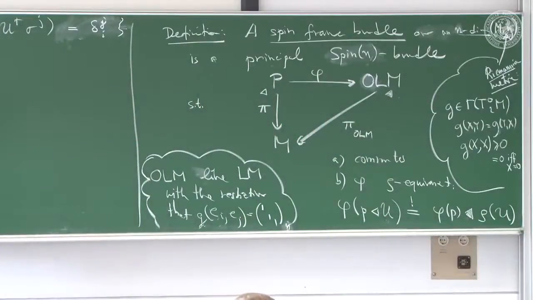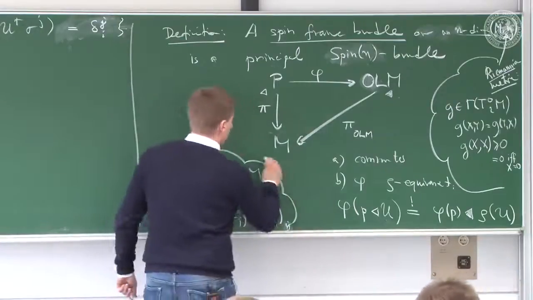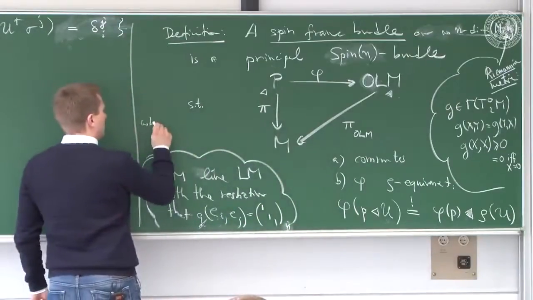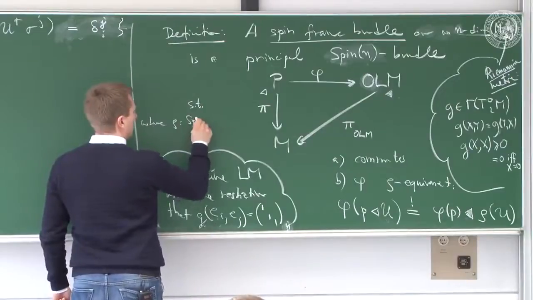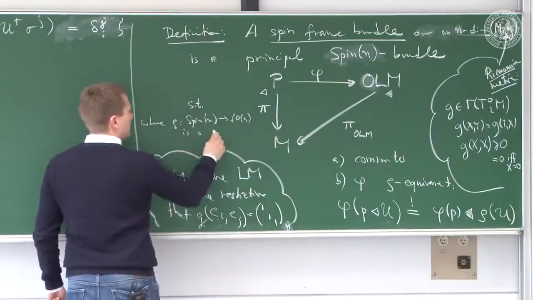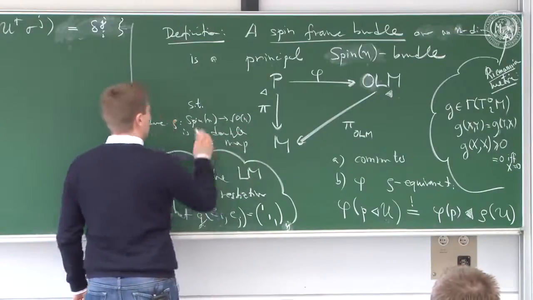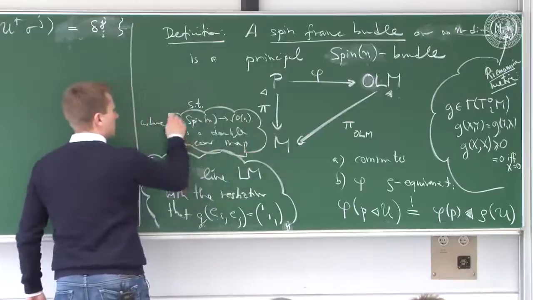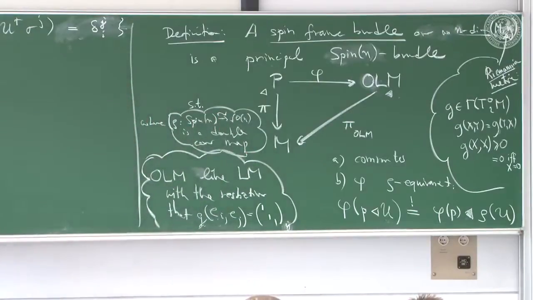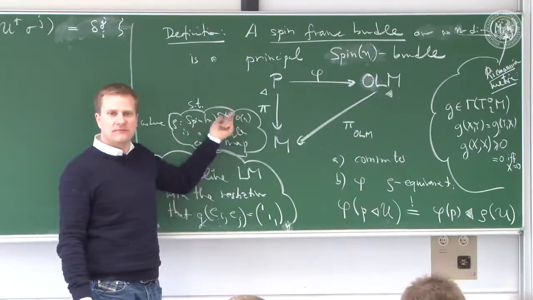So this is the case, and where rho from spin n to SON is a double cover map. Well, that's exactly what we constructed before for the special case of SU2 to SO3.